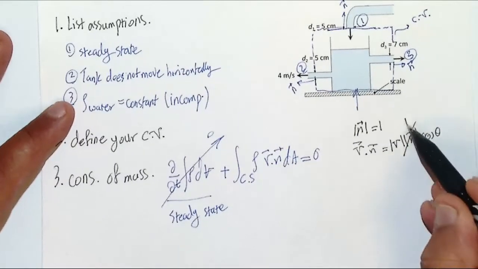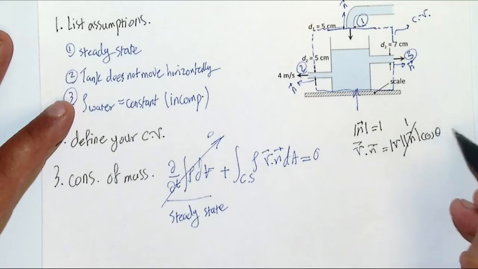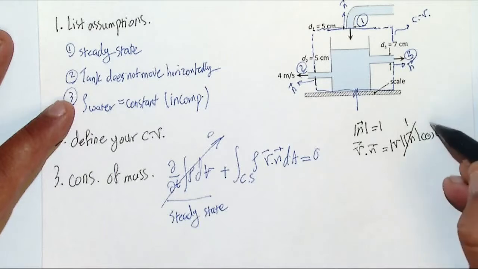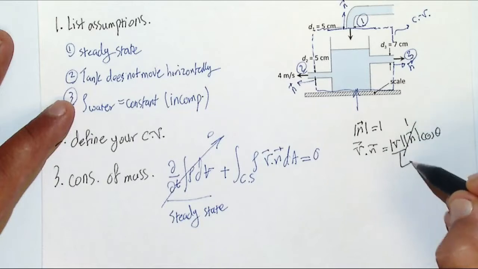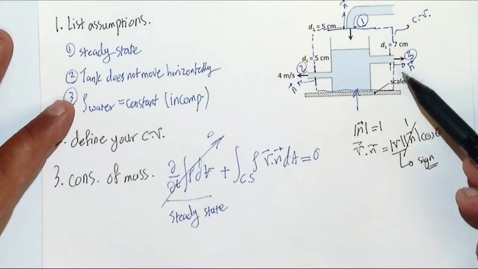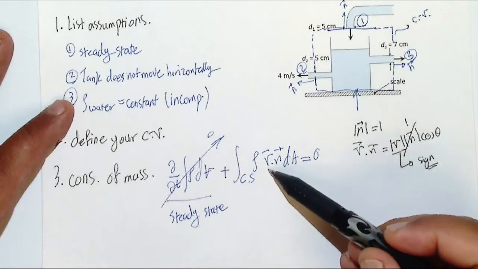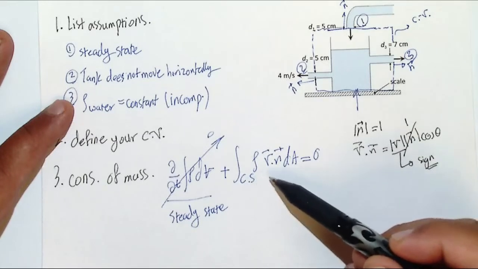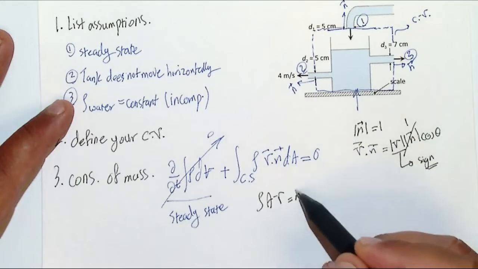The angle is sometimes 0 and sometimes pi, so it's going to be 1 or negative 1, then the amount is always V with a sign. We will find it when we analyze part by part. It means that you will have a sign in front because of V dot n, but what else? Rho A V, which is your m dot, right?